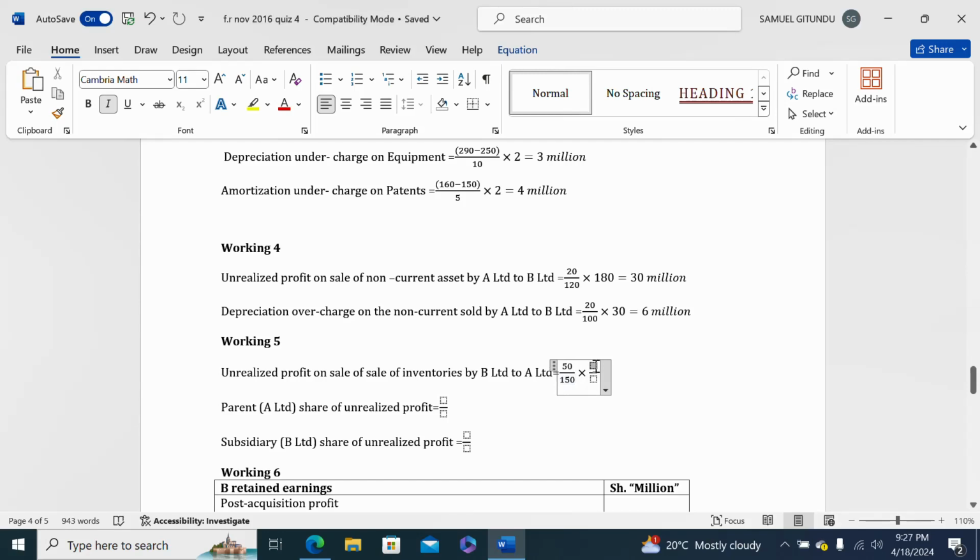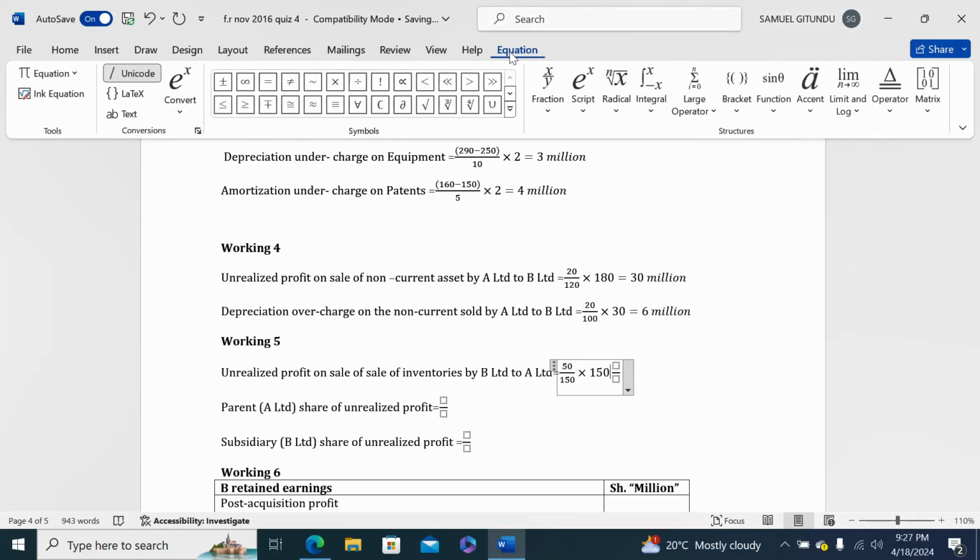And then we multiply by this goods. The goods were valued at 150, and then we multiply by the stock which was remaining at the year end, which now is a half.